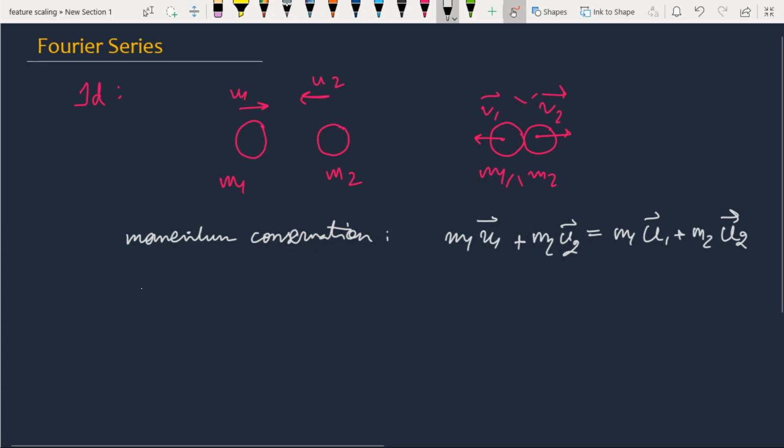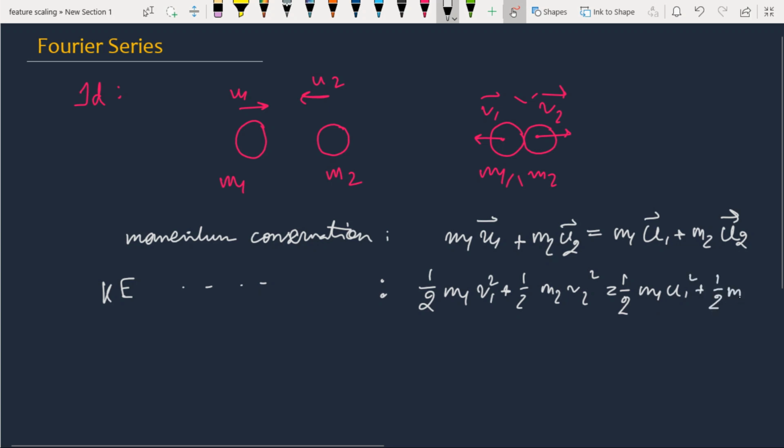And if we consider the kinetic energy conservation, we are going to have the following equation: half m1 v1 squared plus half m2 v2 squared must be equal to half m1 u1 squared plus half m2 u2 squared.